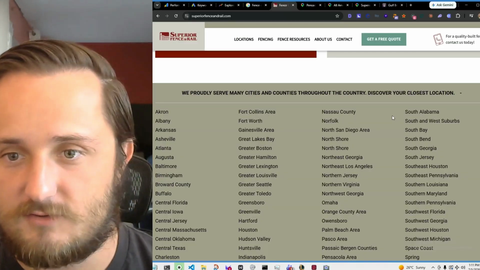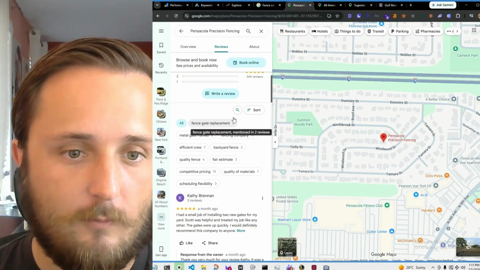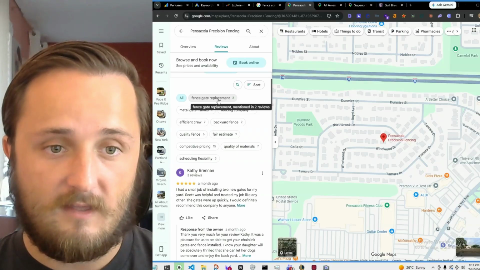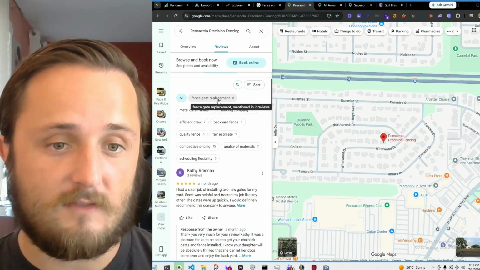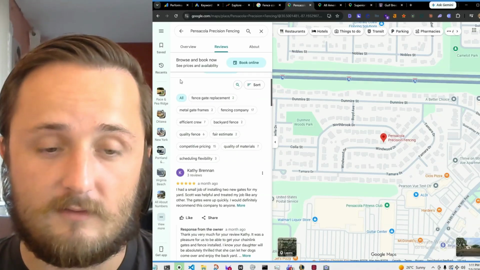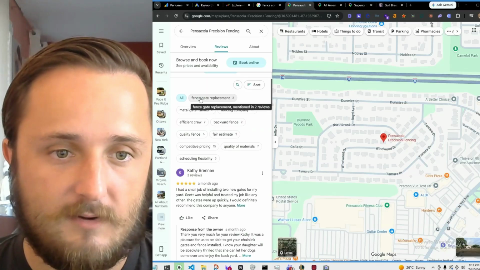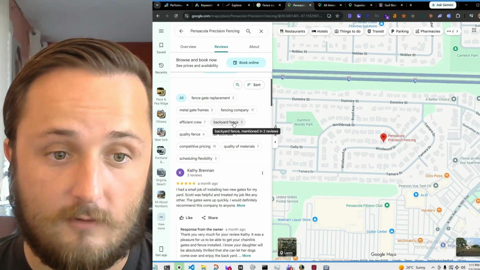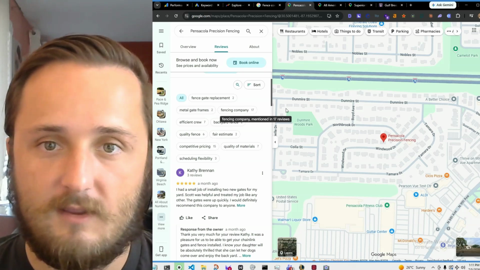And then this is another profile we're going to look at, and we can see that Google is putting a specific emphasis on these words or these keywords, what I would consider. And again, we got fencing company, fence gate replacement, we got quality fence, backyard fence, metal gate frames.